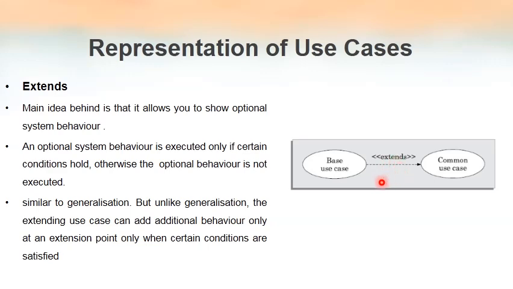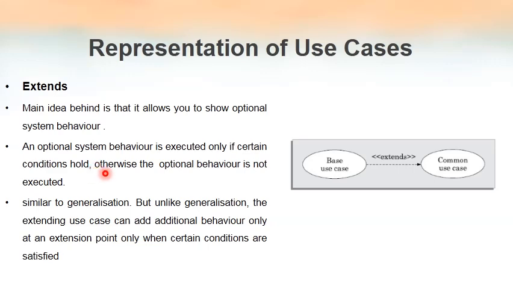Generalization is not like that. So the difference between extends and generalization is this: in case of extends, there have to be some conditions. If those conditions are met, then only the optional behavior will be executed. If those conditions are not met, the common optional behavior will not be executed.